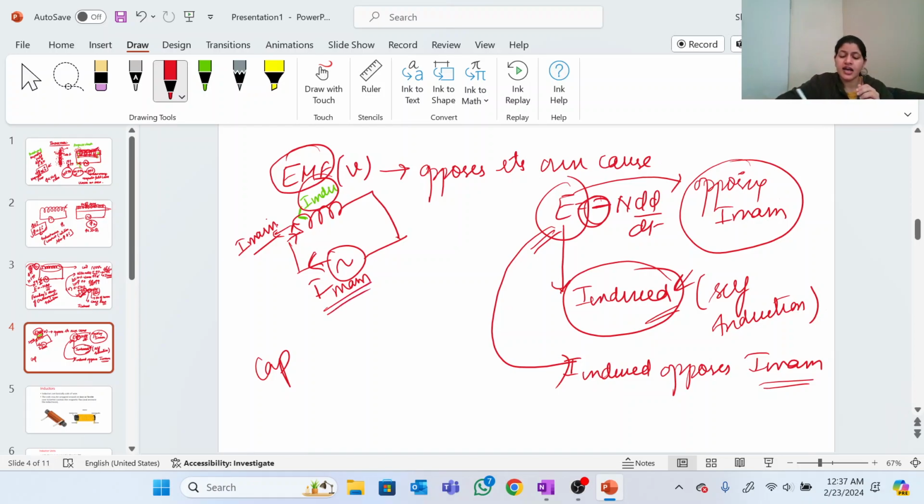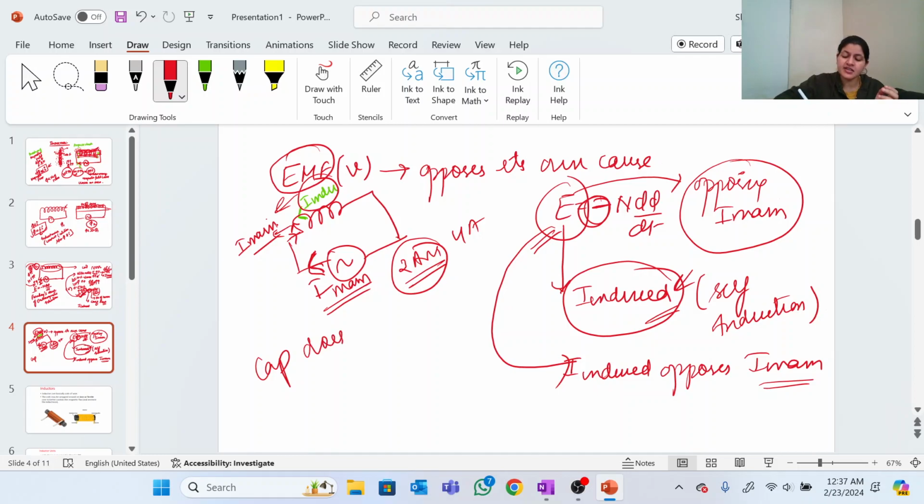Like if the I main current increases from 2 ampere to 4 ampere, there's something which is trying to oppose it and letting I main sustain constant around 2 ampere. So this will keep on opposing and trying to maintain the main current as a constant value.